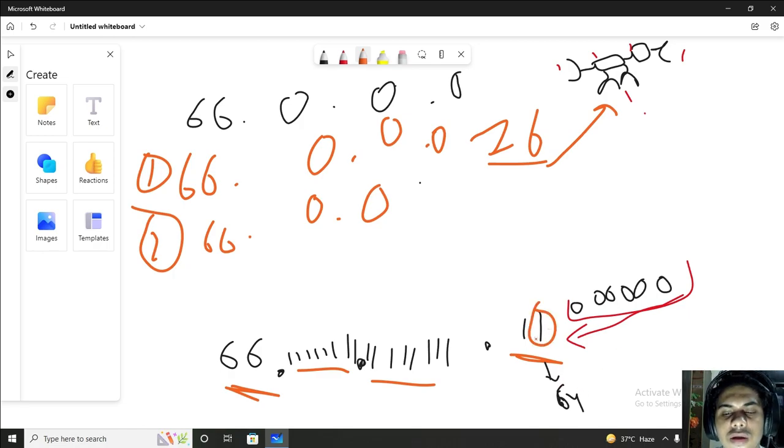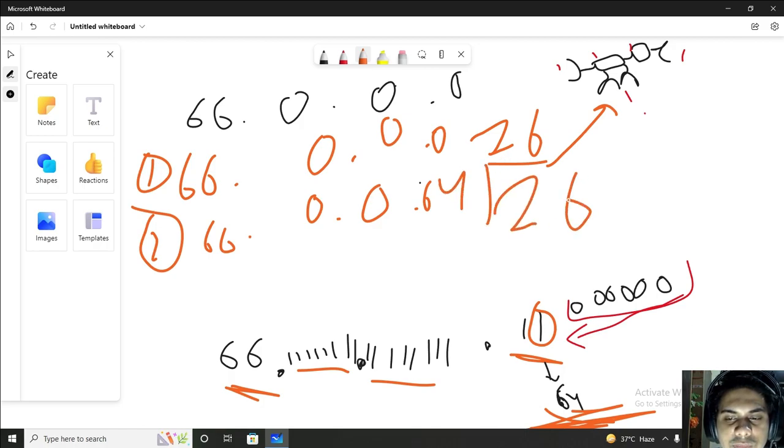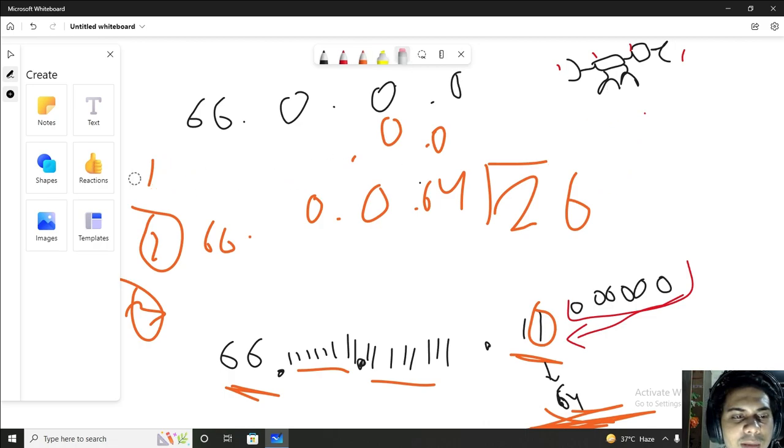This is your first 0 which is converted to host, and you have to see its decimal value. Its decimal value is 64. So now you have to write here 64/26. Now let me give this address to this, and let me rub these both.